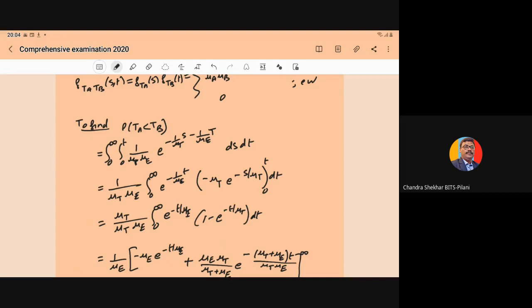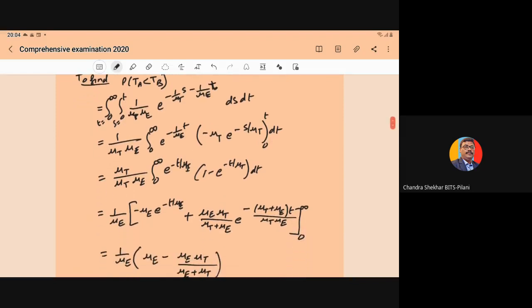So this will become the integral 0 to infinity, integral 0 to t. Here we are integrating for t, and here we are integrating for s. 1 upon mu t into mu e, e to the power minus 1 upon mu t into s minus 1 upon mu e into t, ds dt.